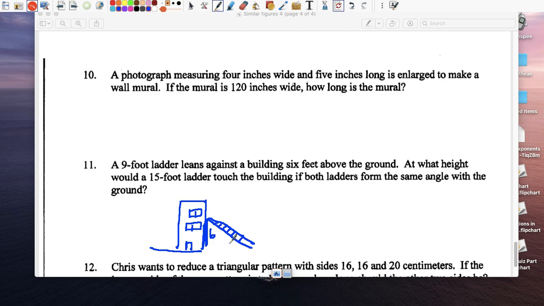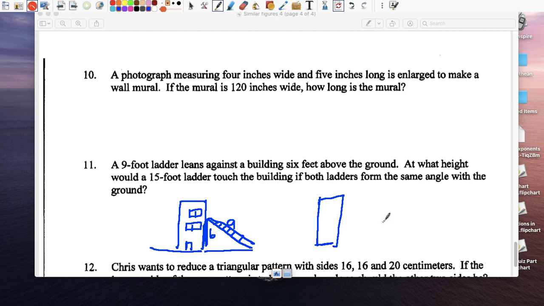Okay, at what height would a 15-foot ladder... Oh, the ladder is 9 feet. Okay. And then at what height would a 15-foot ladder touch? So same building, right?